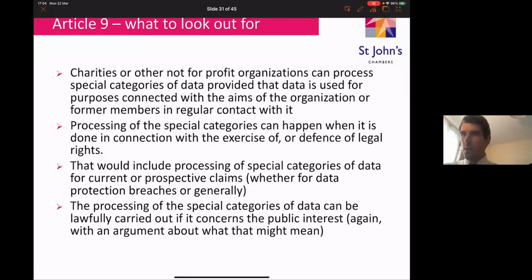Charities can process data which touches upon the special categories, provided that the purposes are connected with the aims of that organisation or former members who are regularly in contact with them. Or, as I've said, when you are processing data which touches upon the special categories, if you are thinking about bringing or defending a prospective or extant claim, whether in terms of data protection breaches or generally.